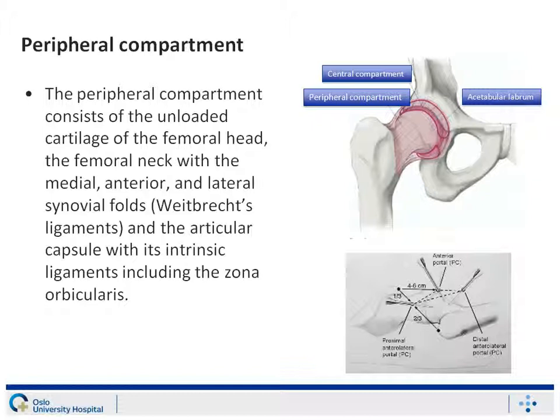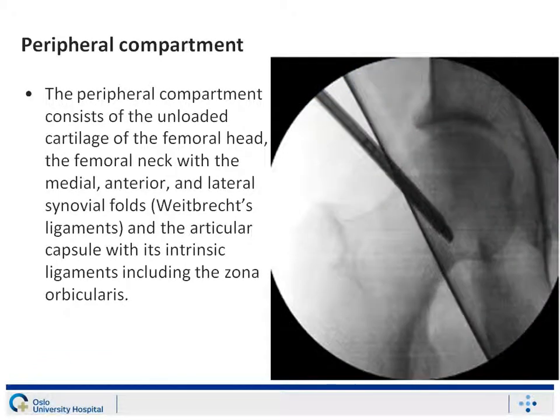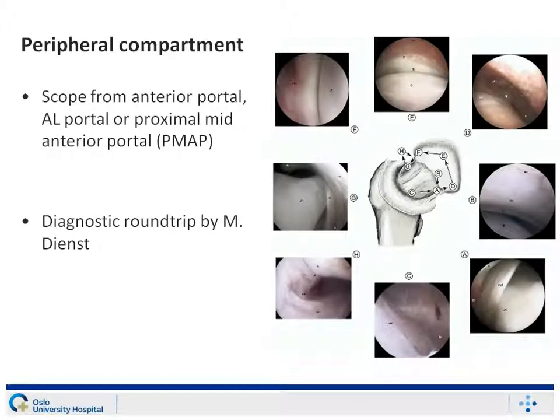When you want to look around in the peripheral compartment, it is a good idea to do it in a very schematic way and do it the same way all the time. And as you see, this is the Dienst portal with the scope in the supero-anterior position.